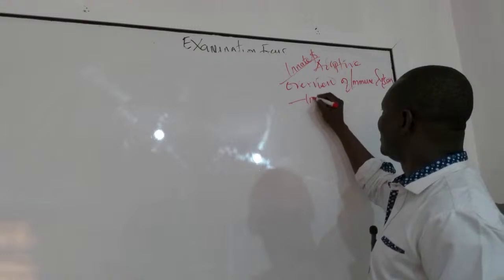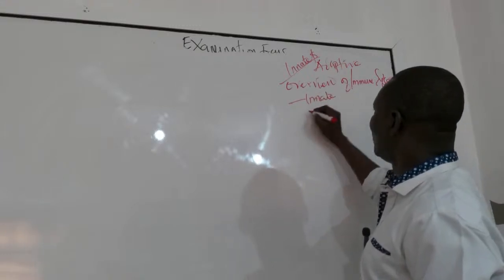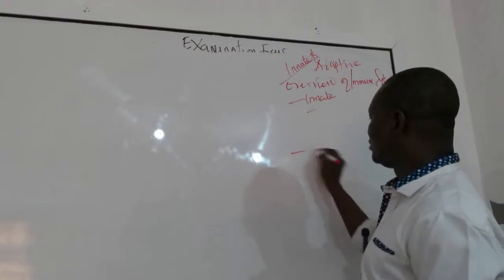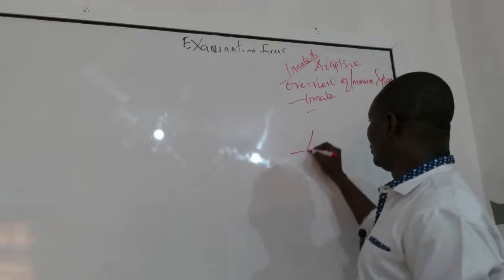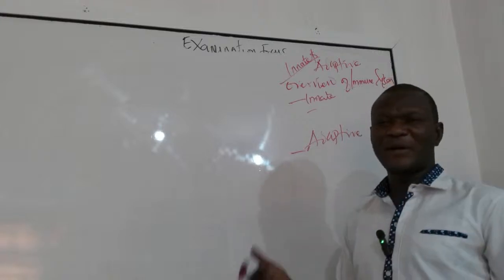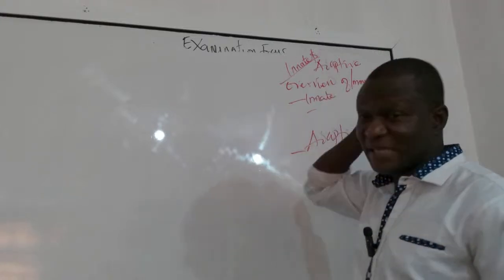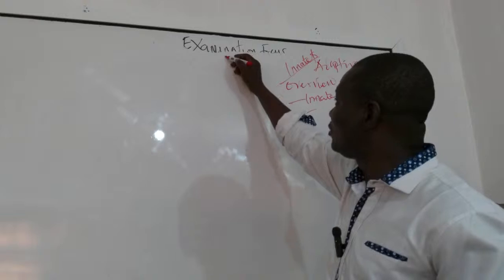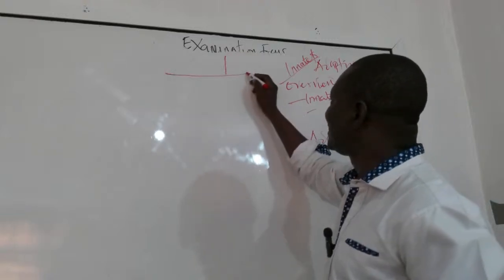So you start with innate. What are they? You continue with adaptive. What are they? What are their functions? How do they perform their role? And centrally, the first thing is that I want you to come up with that chart.